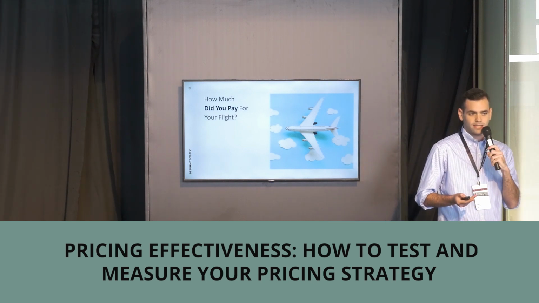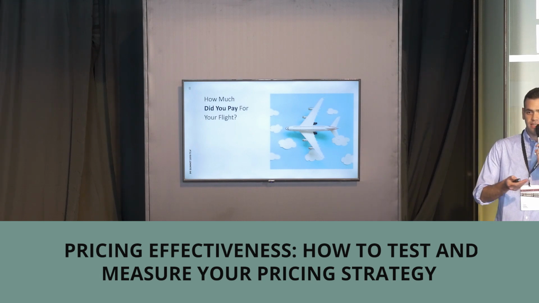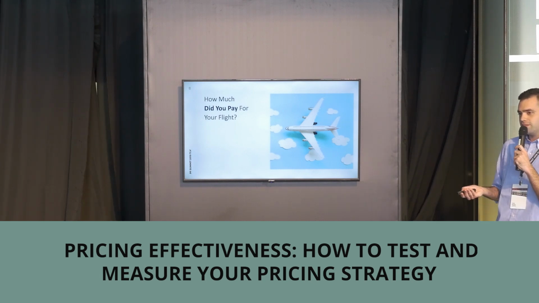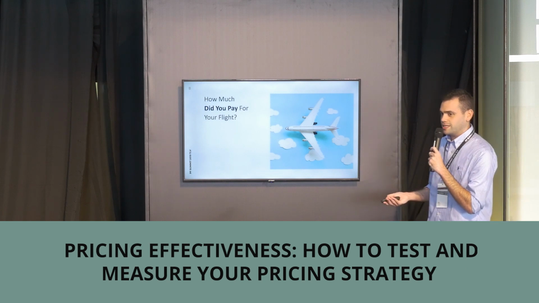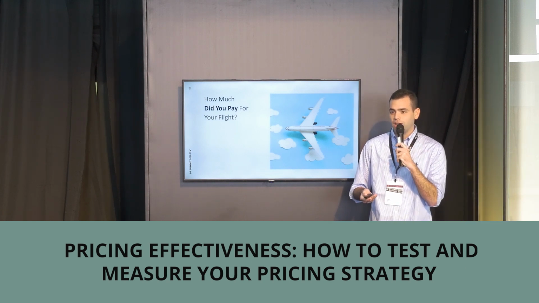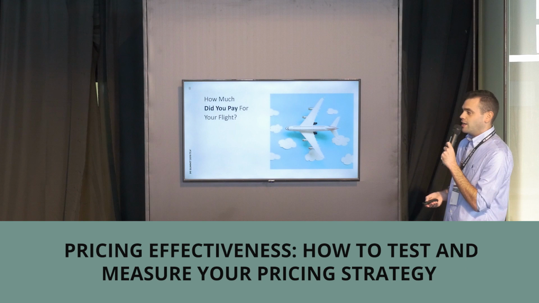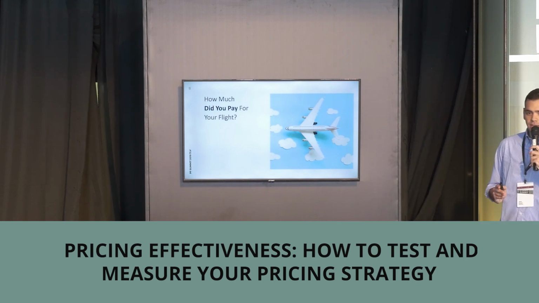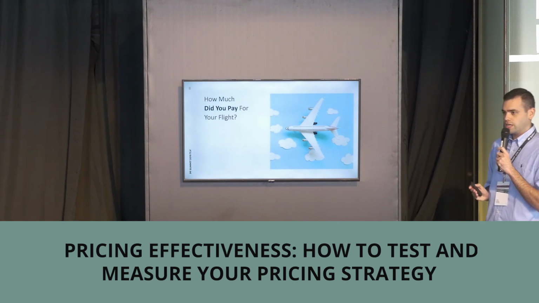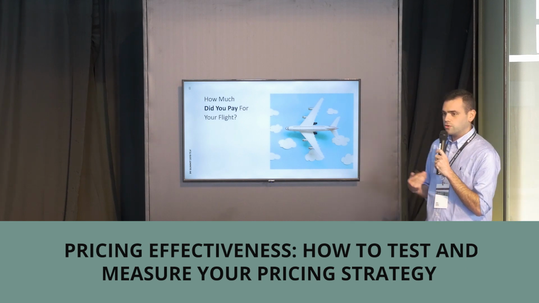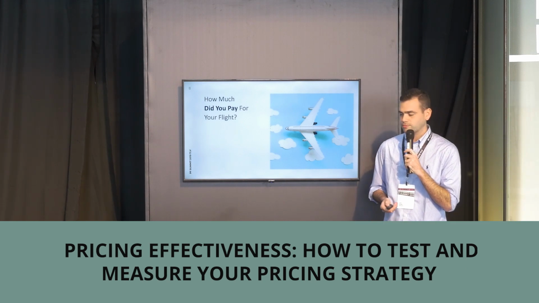If you buy a dress in ASOS Spain versus ASOS UK, you will probably find different prices. Uber is changing its prices based on the demand, and so on. And this is the concept of how the pricing world has changed and the introduction for our conversation today.